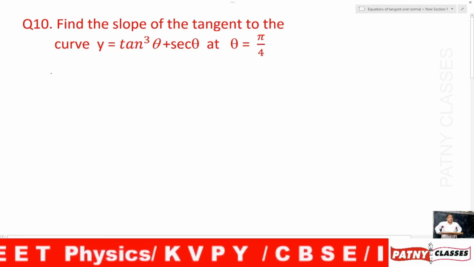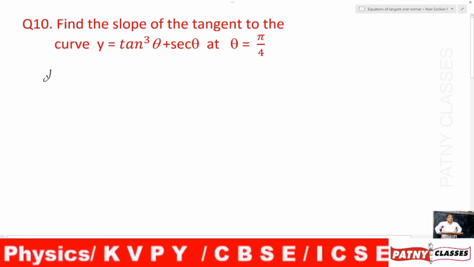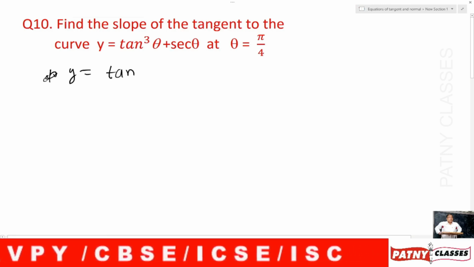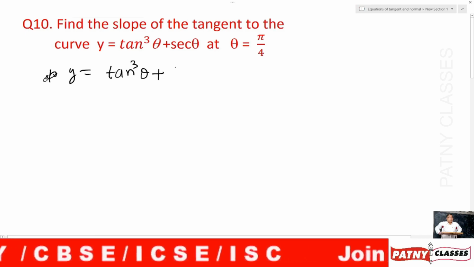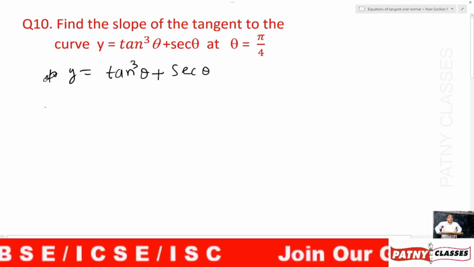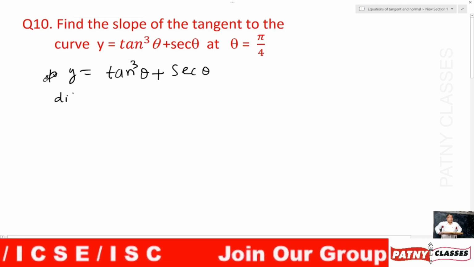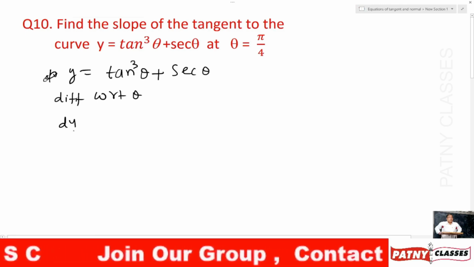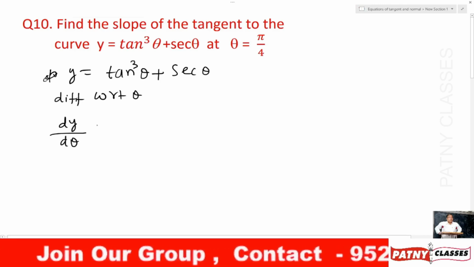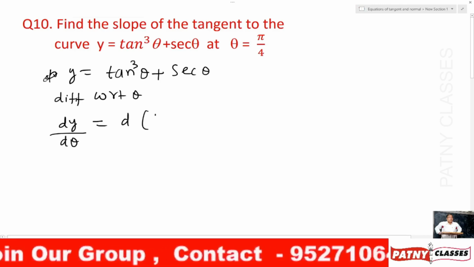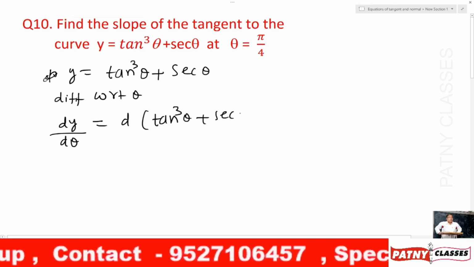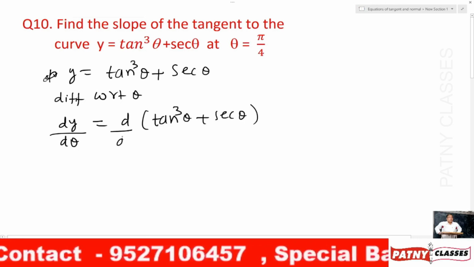So y equals tan cube theta plus sec theta. Now differentiating with respect to theta, dy by d theta equals derivative of tan cube theta plus sec theta with respect to theta.